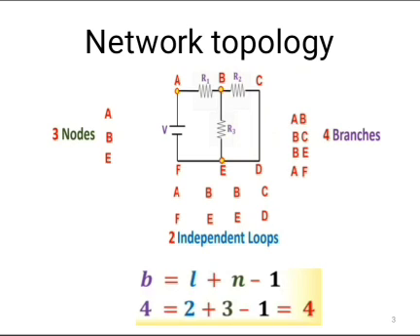Next, network topology. In this network, there are three nodes A, B, E and two independent loops.